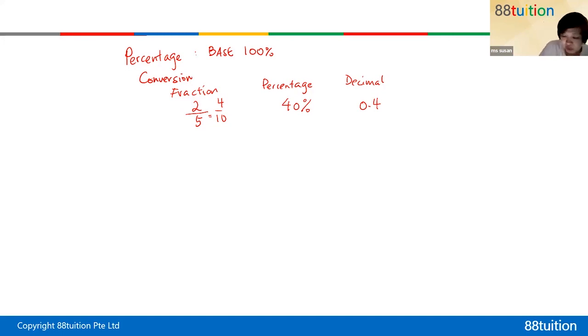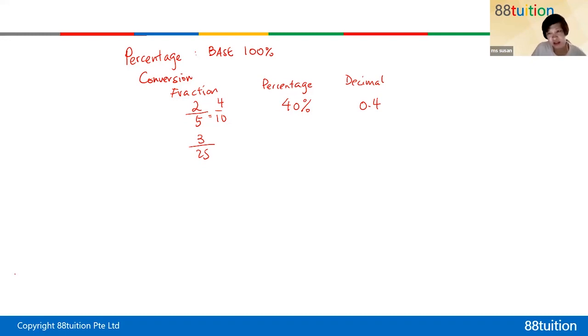Okay. So last week we also learned how to convert if you have something like a very odd number, maybe 3 out of 25. How to change this to a percentage? Just now we expressed the denominator in tens, but this one is 25.